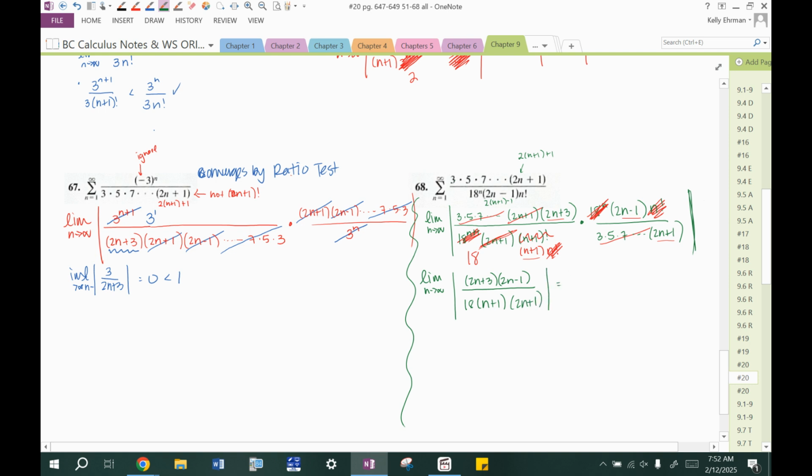It's going to come out to 4n squared plus some other stuff over 18 times n times 2n, 36n squared plus some other stuff. So this comes out to 1/9, and 1/9 is less than 1. So this converges by ratio test.